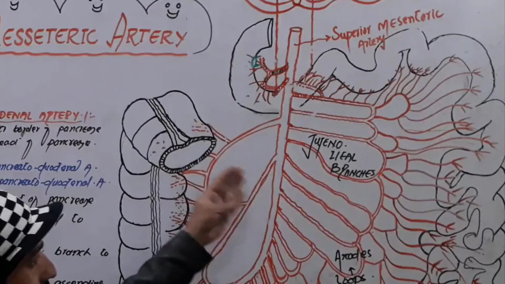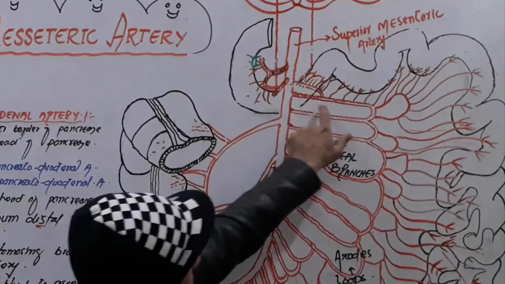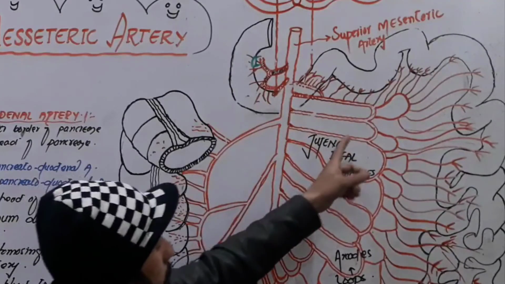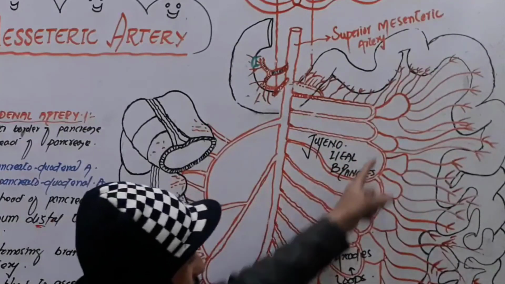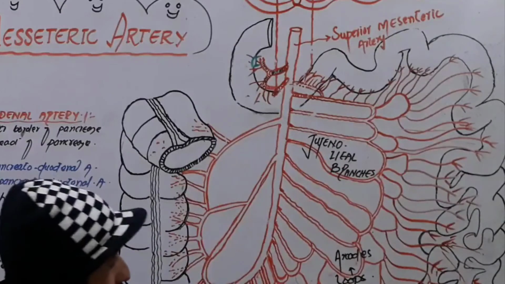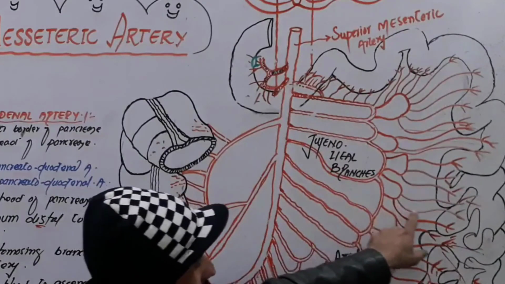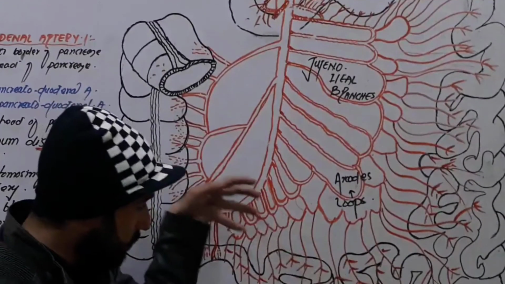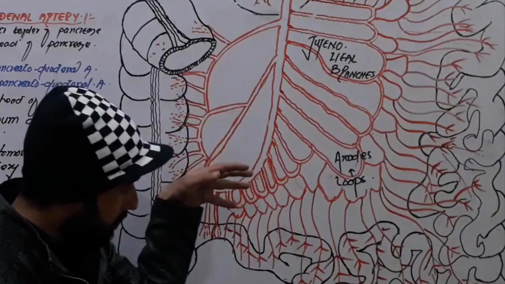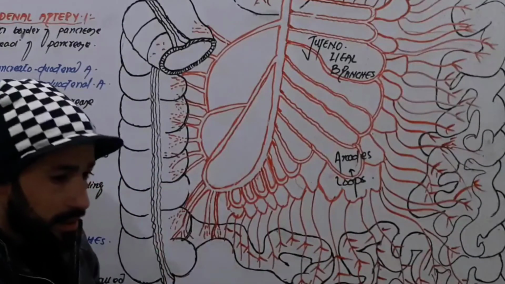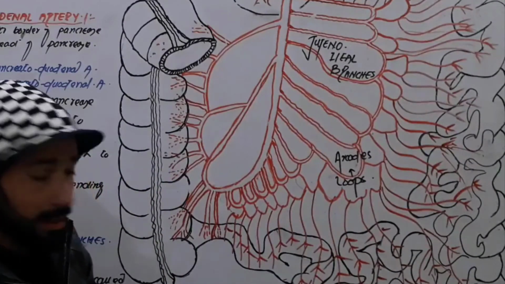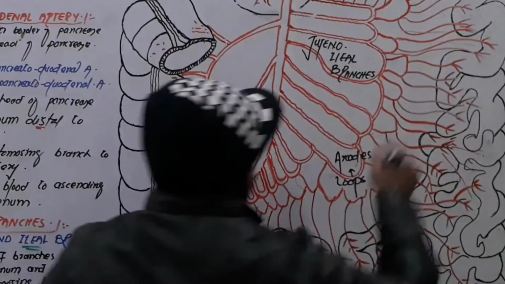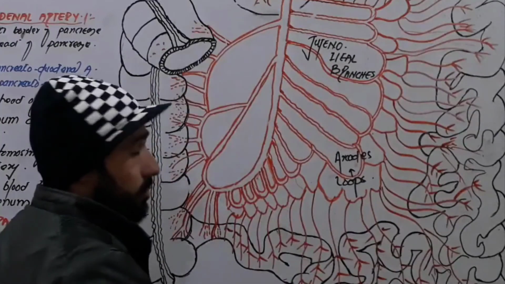From these branches, when they move forward and pass through the jejunum and ileum, they make anastomosing branches called the arcades or loops. And from these arcades, you can see these straight branches going towards the jejunum and ileum and entering the tissue to supply blood to the layers of the jejunum and ileum, the small intestine. These branches are called the straight arteries, or vasa recta.